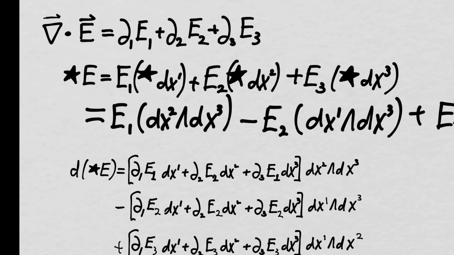So for example, the first thing I'm going to do is translate this electric vector field of standard classical mechanics into the differential forms version. And that is a free movement.